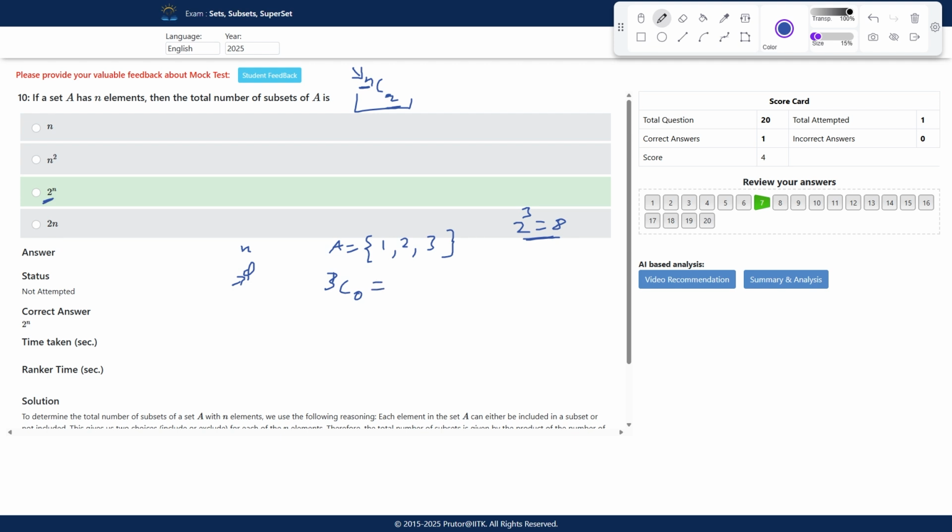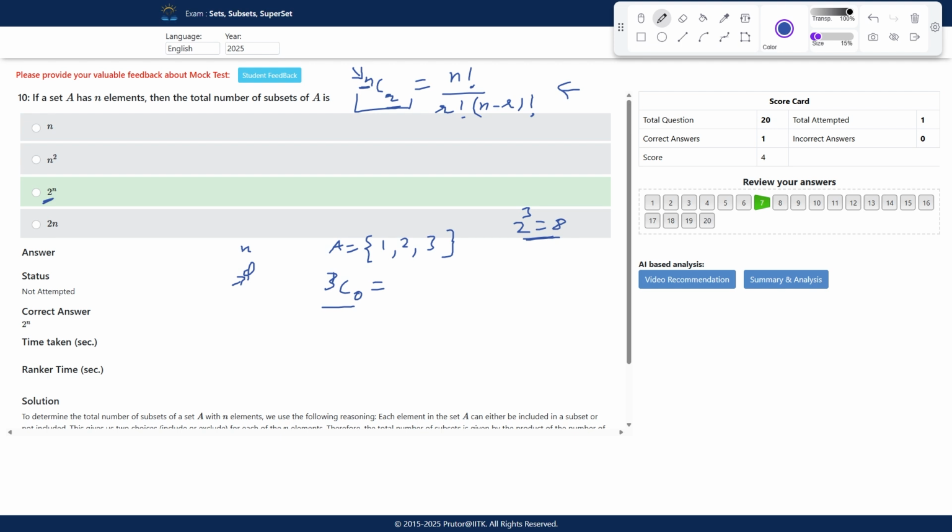By formula, it is nothing but n factorial by r factorial and n minus r factorial. Clear? You have to assume this as a fact here. It will be all clear how we got this expression in PNC. So this 3C0 gives you sets with no elements.